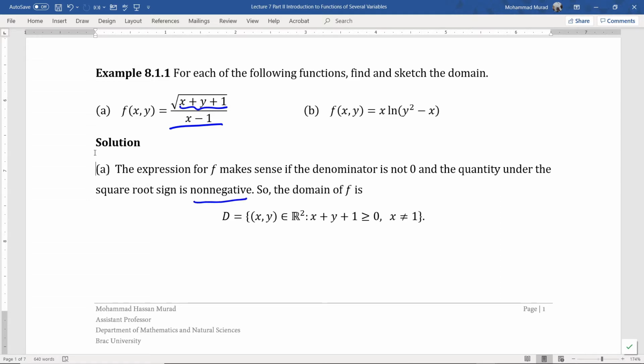So the domain of the function f is the set D of all ordered pairs in R2 space such that x plus y plus 1 is greater than or equal to 0 and x is not equal to 1.